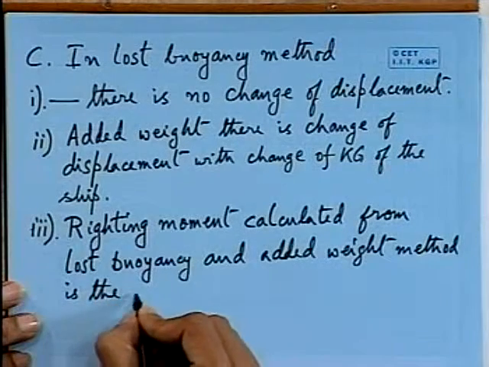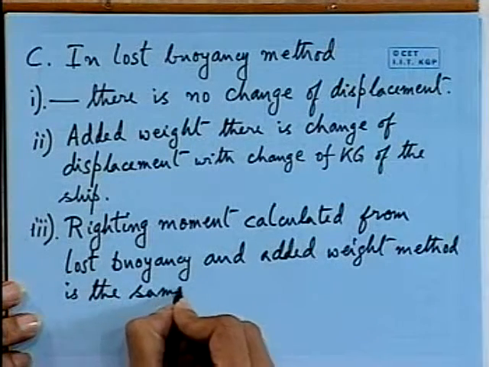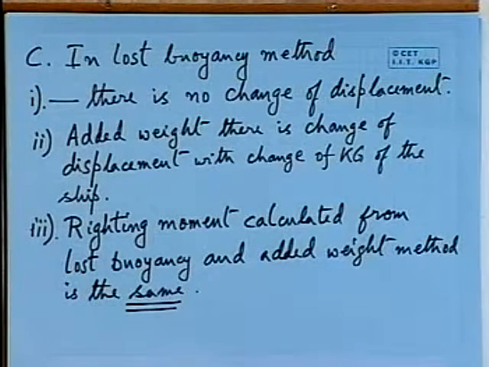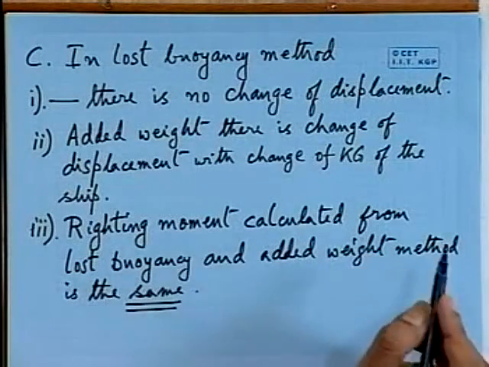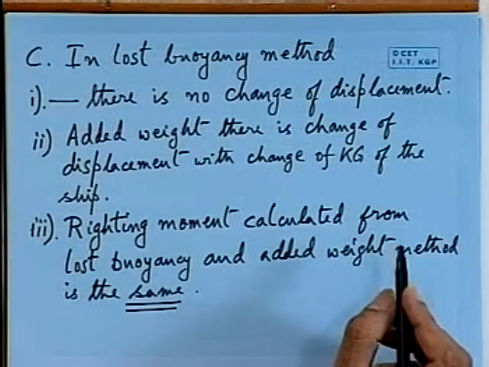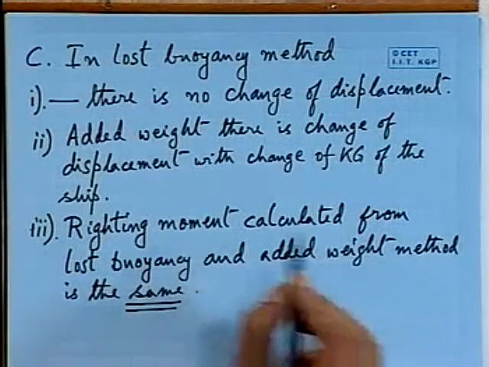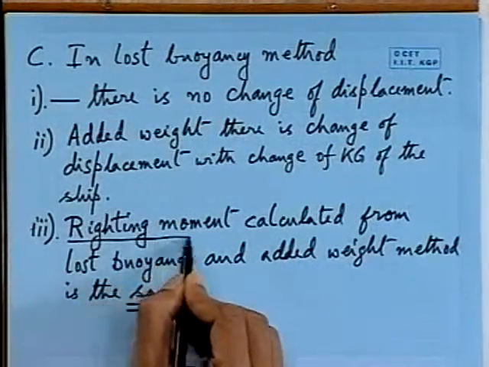So this has to be kept in mind. You want to check the final condition of the ship, and it is done by the two methods. Although you will get different values of GM and GZ, your ultimate righting moment has to be the same.